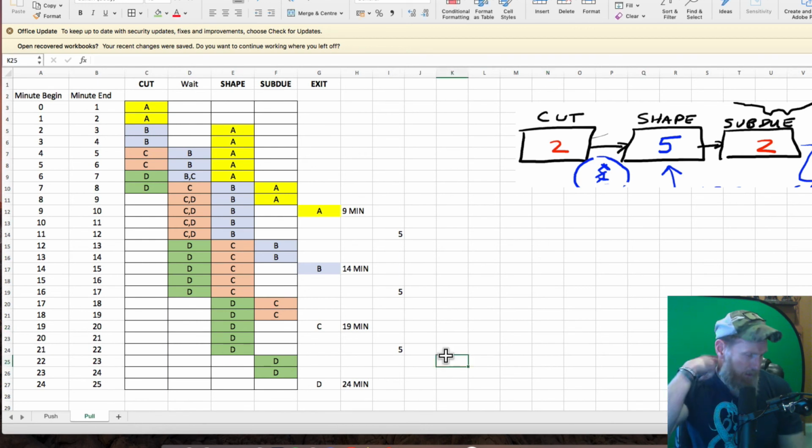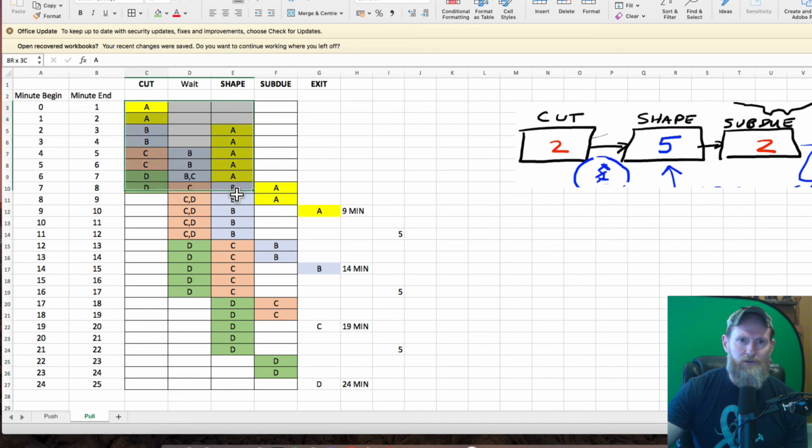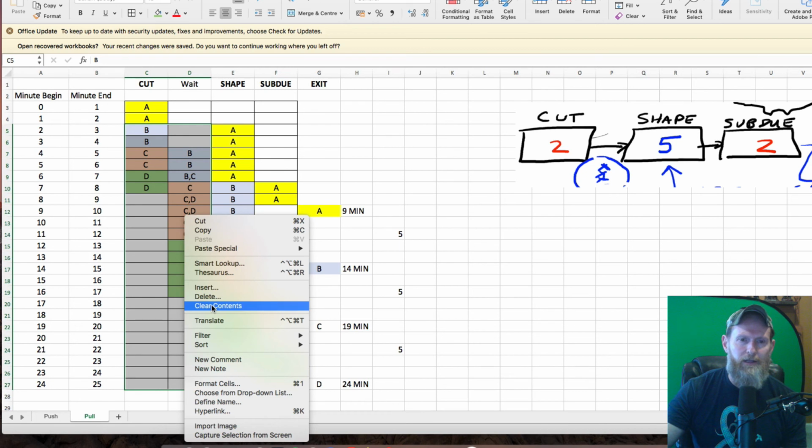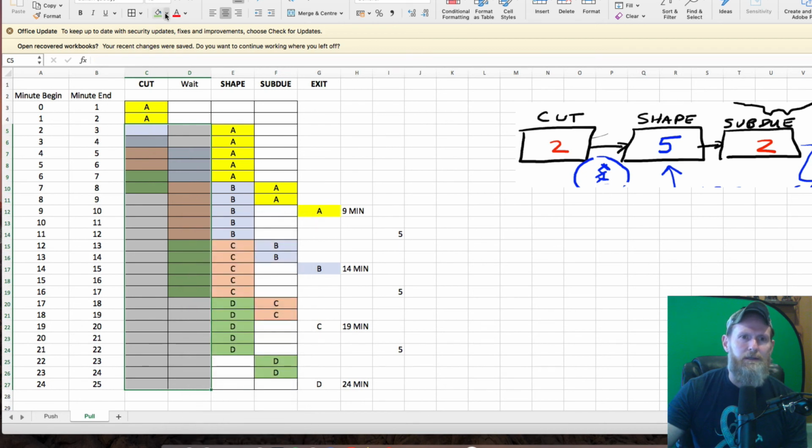Okay, and pull method is very much of a lean manufacturing method and makes a lot of sense when you see it happen. So we're just going to start fresh. We don't need to fully start fresh. We will still keep our first batarang of the day. That's not going to change. But I'm just going to freshen up everything else.